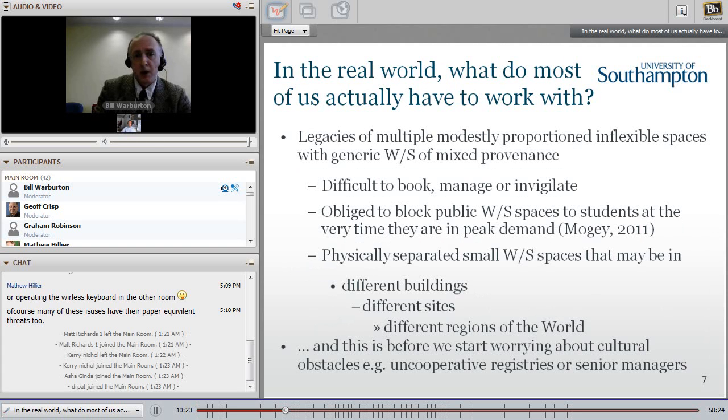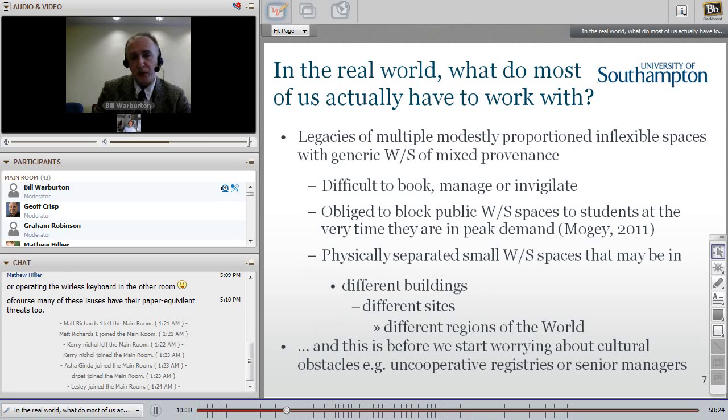The legacy that most of us work with are these modestly proportioned and flexible spaces with, as we would say, a sort of mixed provenance of workstations, machines of different ages from different manufacturers, different monitors, different mice, different keyboards, sometimes different network infrastructures.